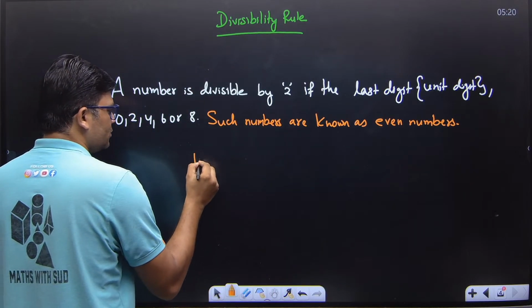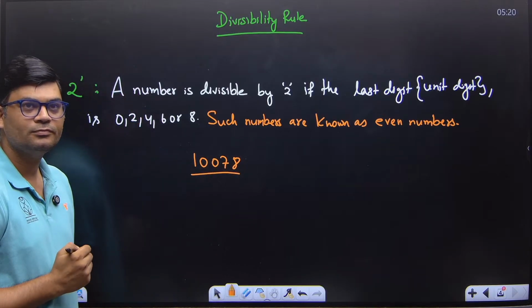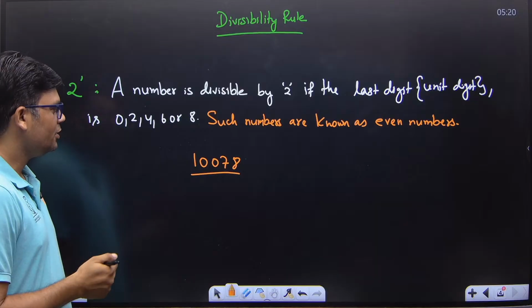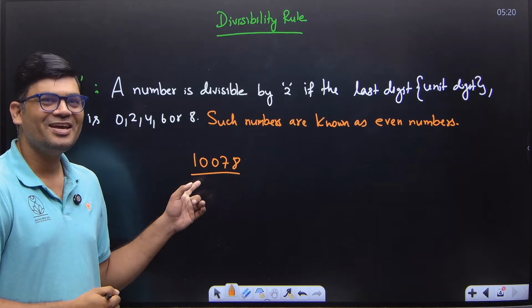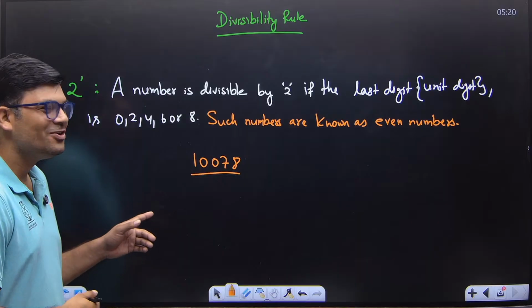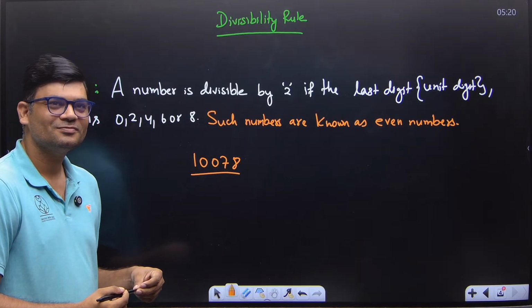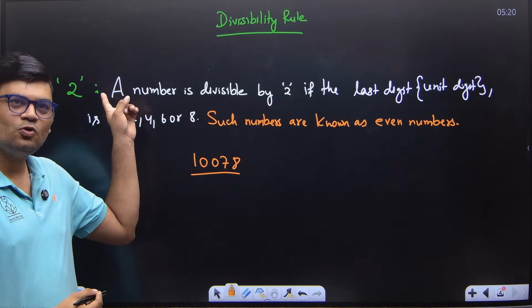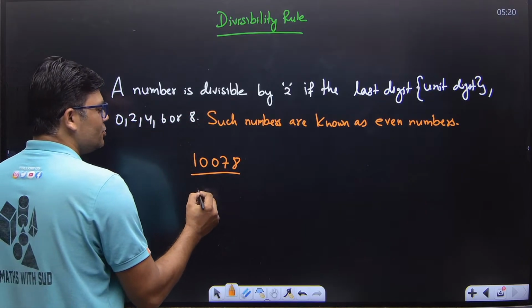Now if I write a number, you will be in a position to tell me quickly. Tell me, what is 10078? Is this divisible by 2? Keep writing and answering me. I'm just checking whether you get this or not.